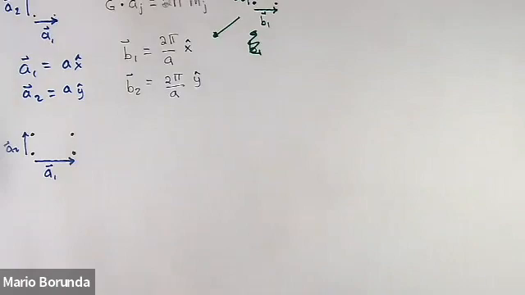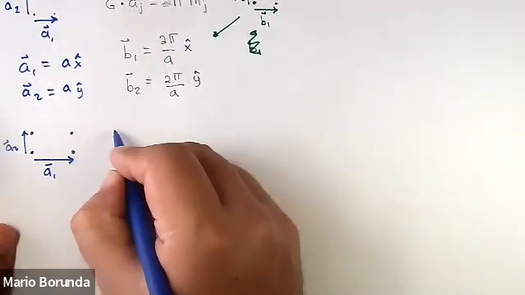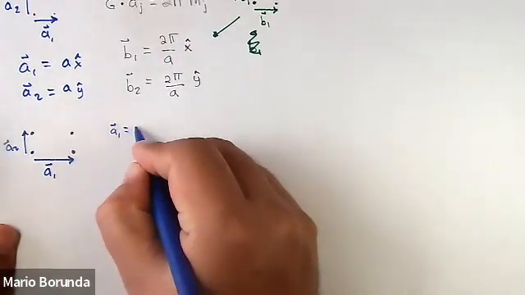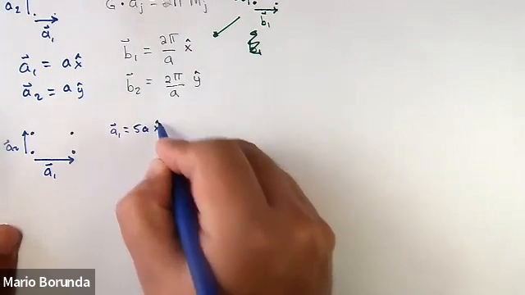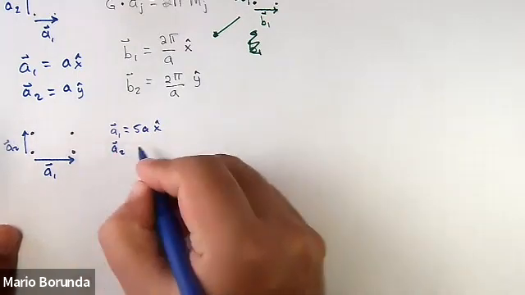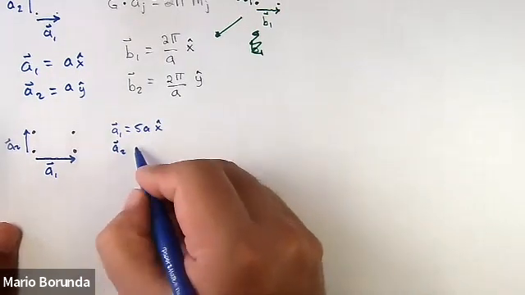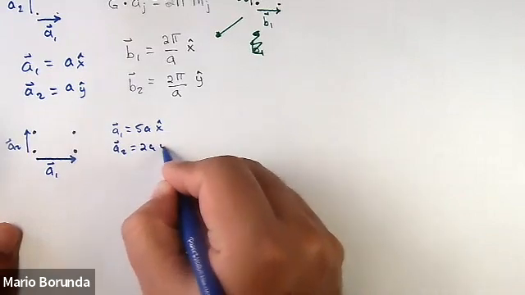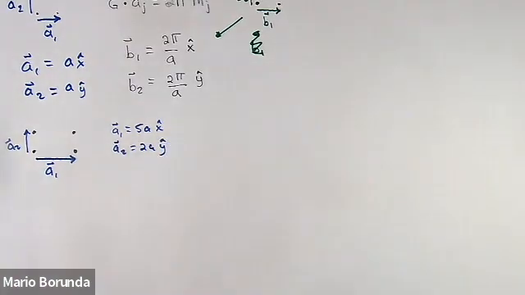And I don't remember exactly. Let me see. I think I picked 2 and 5. Yeah, 5 and 2. So then we would have that A1 is equal to 5A in the X direction. A2 is going to be 2A in the Y direction.